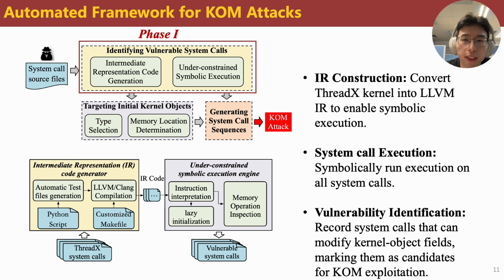While this process demands significant engineering effort, our evaluation shows that the number of path constraints is limited to no more than 6, allowing us to manually deduce condition fields for each system call. By analyzing the system call's modifiable and condition fields, we can classify a system call as exploitable for COM.